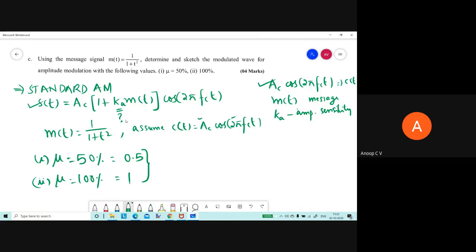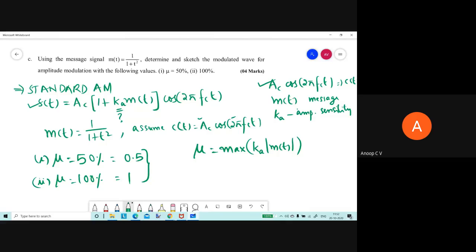So now, how to find Ka? Are Ka and mu the same? Now I need some ideas. What is Ka actually, or how was mu defined? We have defined mu is equal to the maximum of Ka times mod of m of t.